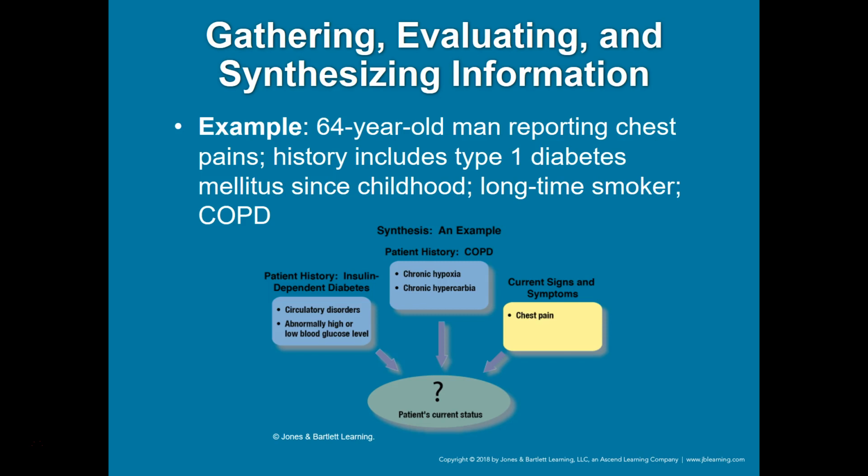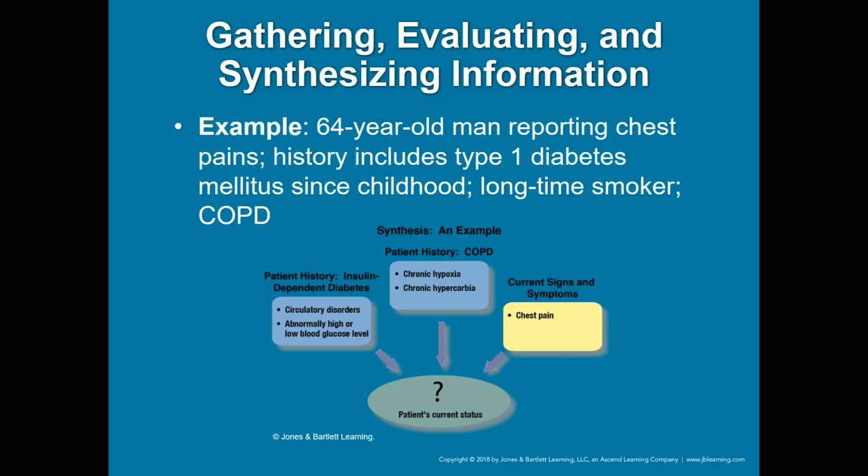You see patient history, they have diabetes, have circulatory disorders, and then abnormally high or low blood glucose. Patient history, COPD, chronic hypoxia, chronic hypercarbia. So if you remember our hypos and hypers, hypoxia is going to be low oxygen, and then hypercarbia is going to be high what? CO2.